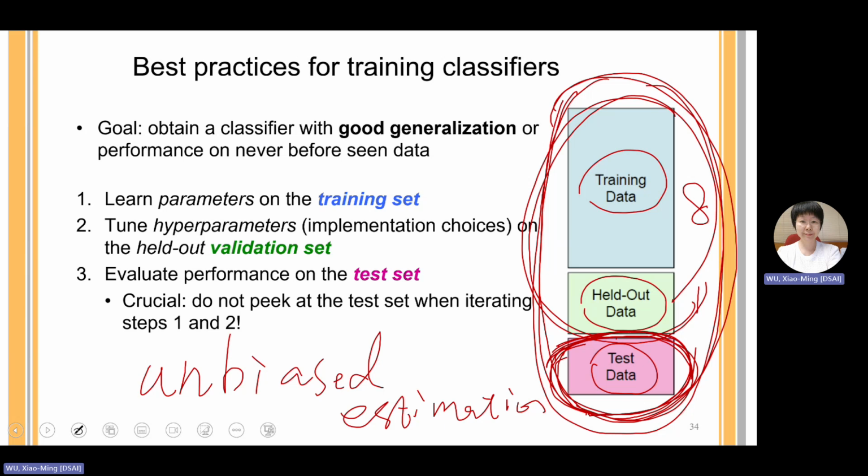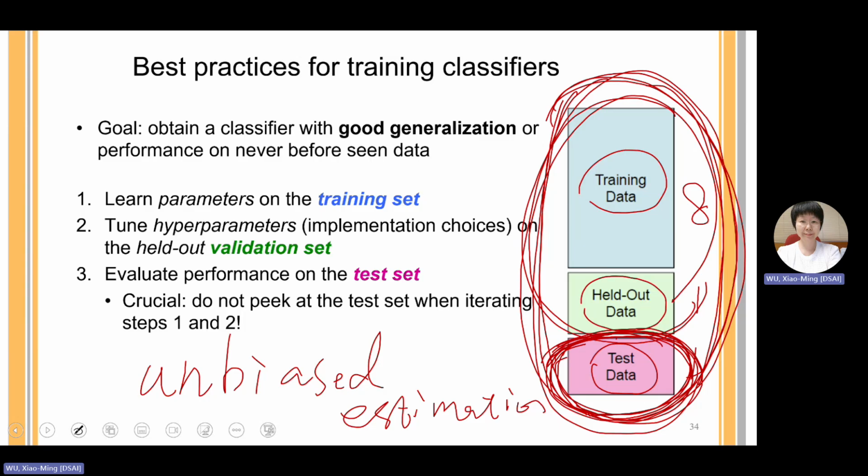Okay, as new data. Because when we train a machine learning model, we want to estimate its performance on unseen new data. So we need to reserve a test set.